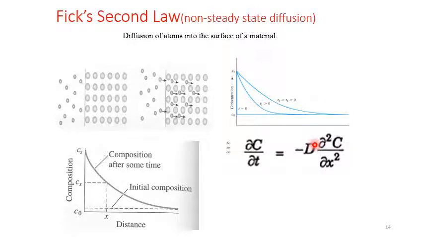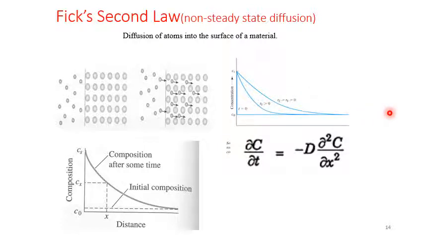Now to define the non-steady state, there will be a time factor, that is concentration with respect to time, dc/dt, which will be equal to minus D del square c by del x square. So the compositional change is directly proportional to the concentration gradient.